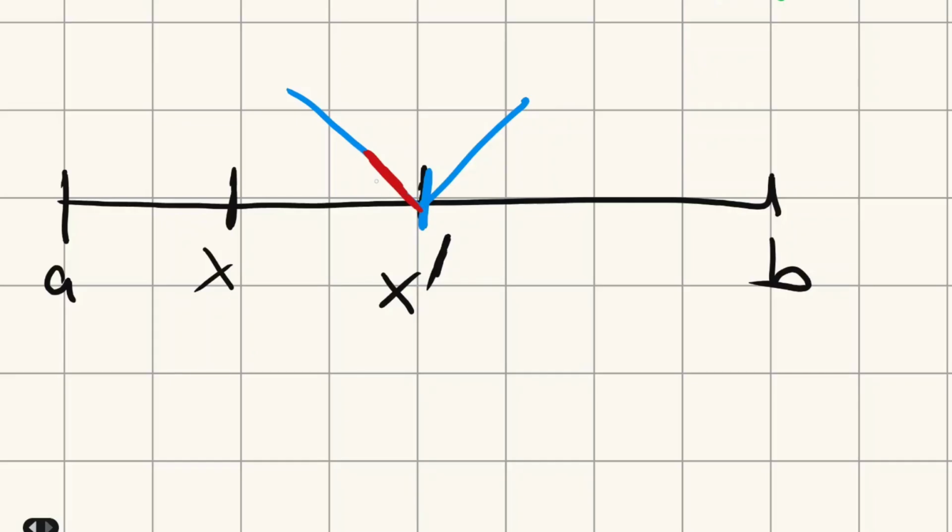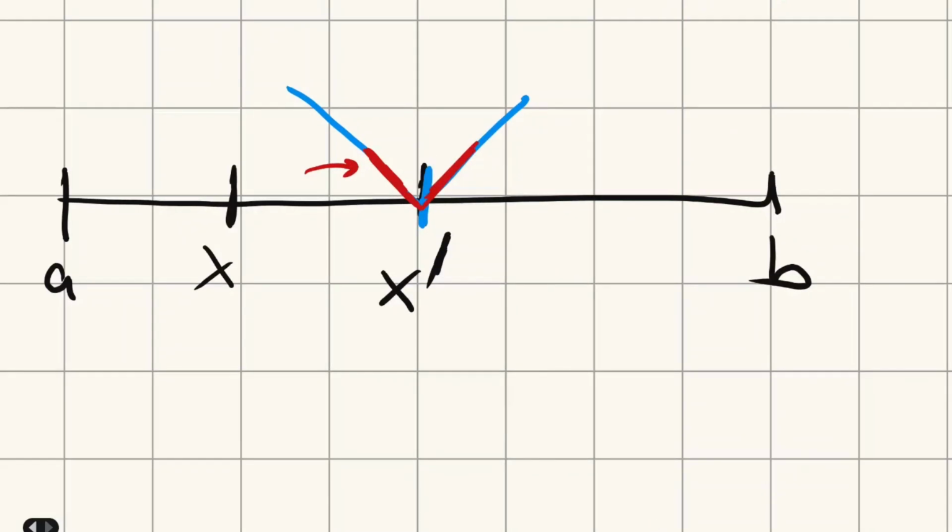From the left it is negative, and from the right it is positive, so the derivatives do not match. This is just an example. It is not exactly the Green function that we are going to find for the Sturm-Liouville problem, but it shows you that the derivative from the left is not going to be equal to the derivative from the right, exactly at the point x prime.